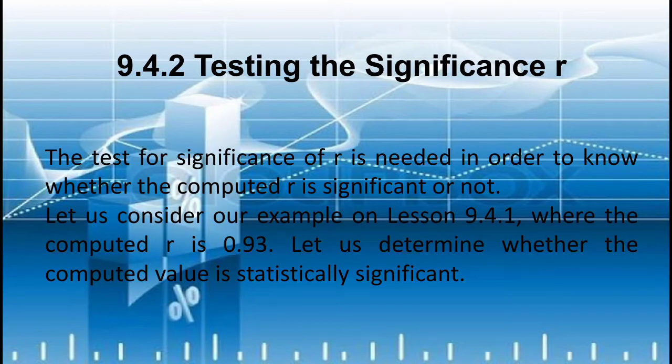Then, testing the significance of R. The test for significance of R is needed in order to know whether the computed R is significant or not. Let us consider our example where the computed R is equal to 0.93. Let us determine whether the computed value is statistically significant.